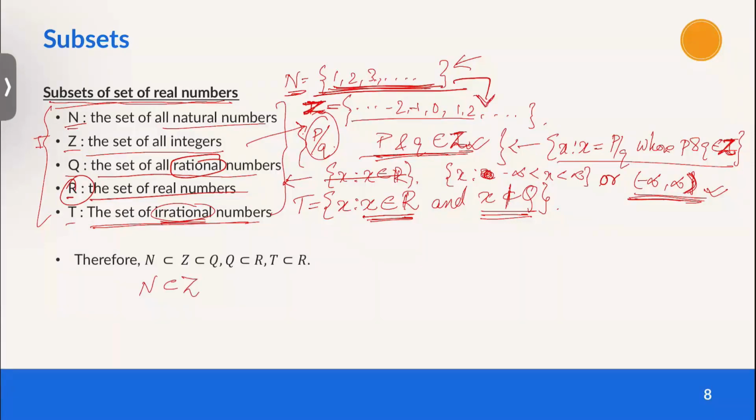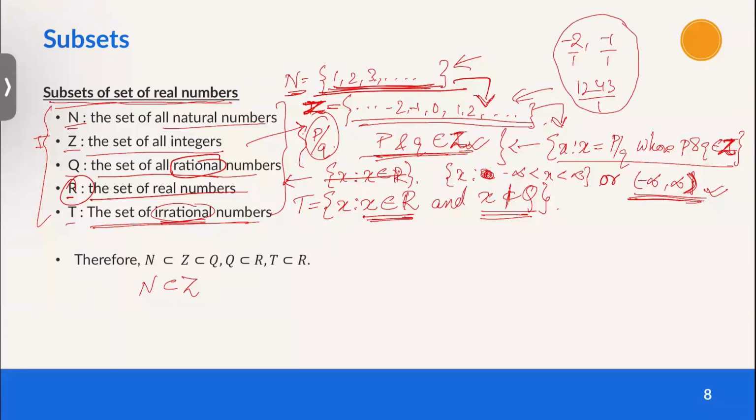Now what is Z? Z is the set of all integers. This set is a subset of the set Q. Why? Because each number, minus 2 or minus 1 or any other number, can be written as minus 2 by 1, minus 1 by 1 or any other number. Suppose we have 1243. It can also be written as 1243 by 1.